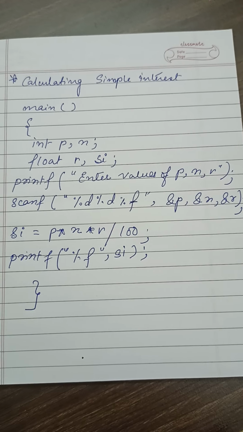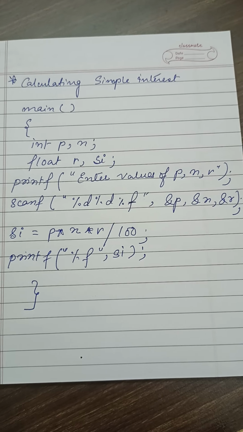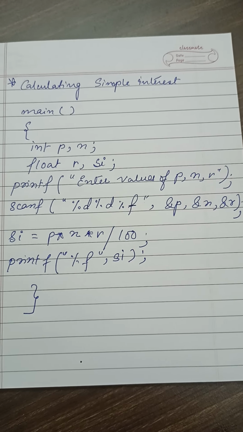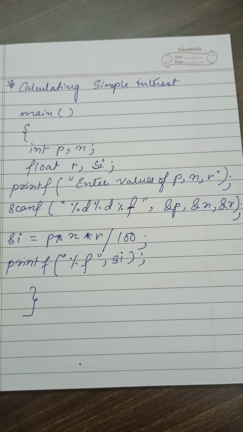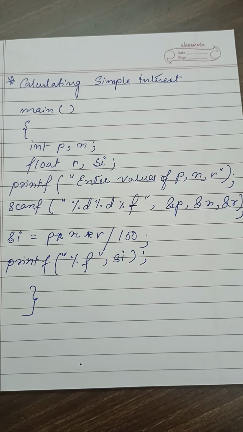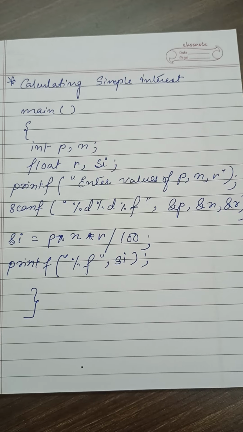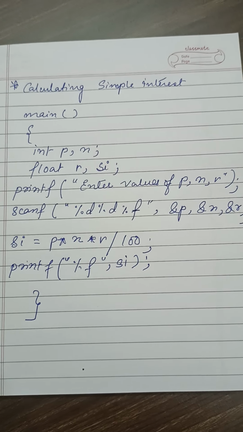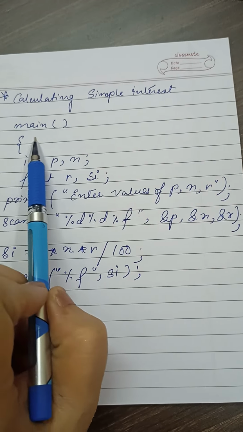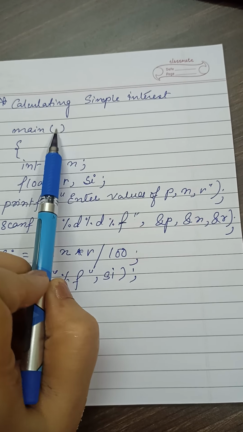So as we know, a function consists of a function name, then the parenthesis where we can pass the parameter of the function, and the body of the function. So this is the function name, this is the parenthesis.